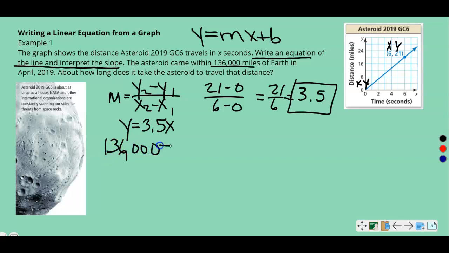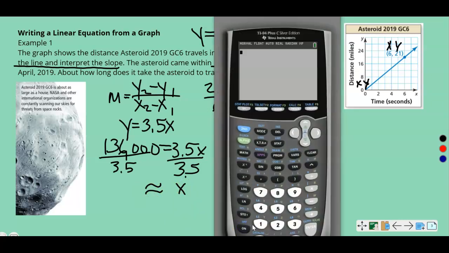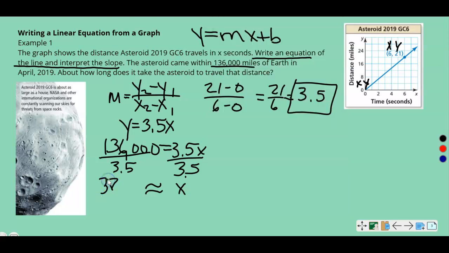So 136,000 equals 3.5x, and we can solve by dividing by 3.5. So x is about 38,857.